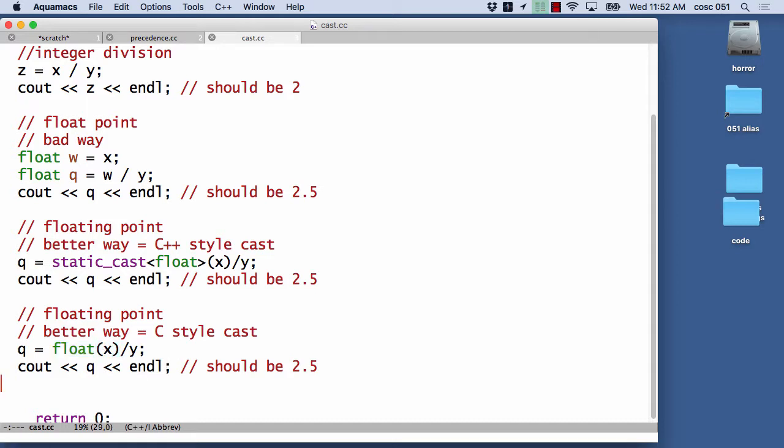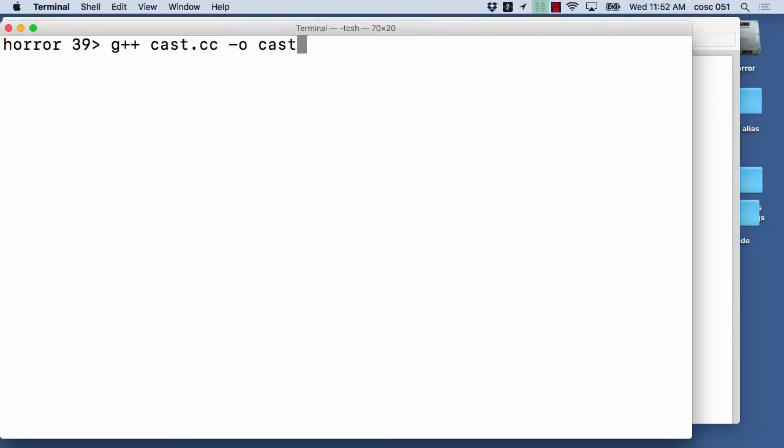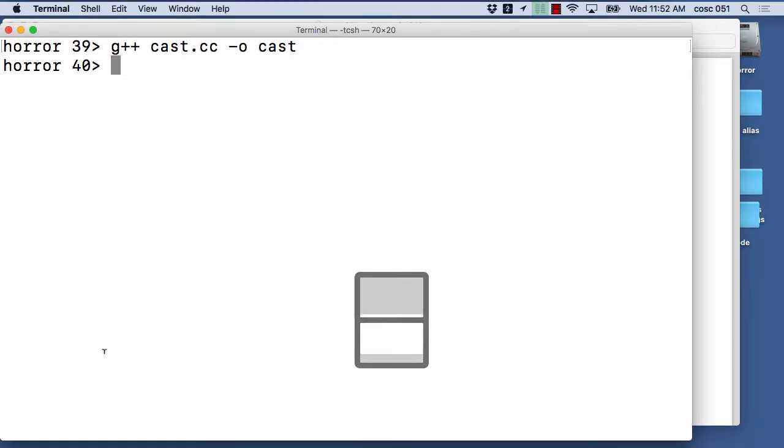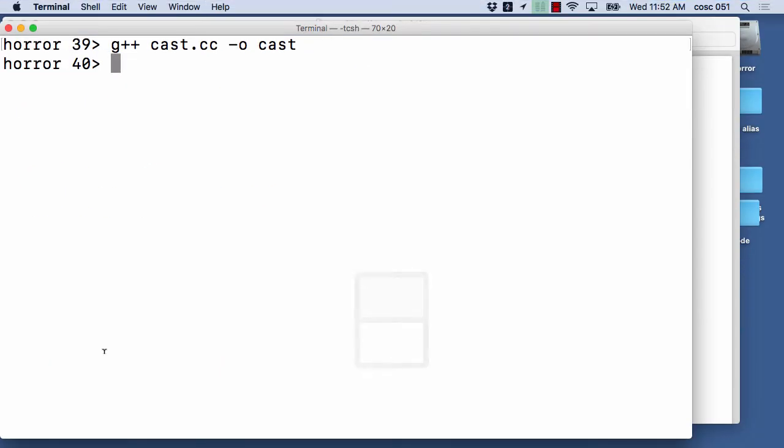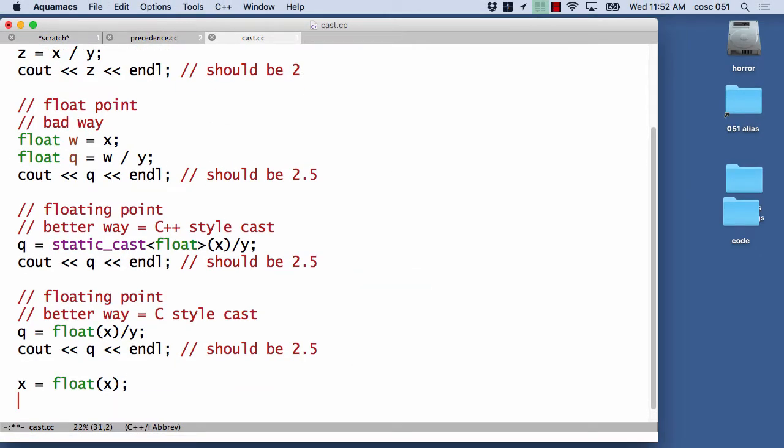Okay. You want to see what happens if you do x equals float x? Does that permanently change it? Here's what's going to happen. The compiler is going to barf. Oh my God! The compiler is not going to barf, but here's what's going to happen. I was wrong about that. All right, let's output x and see what it is. I spoke too soon.